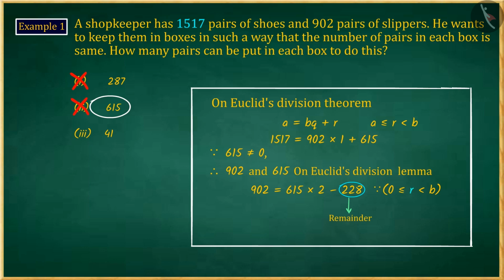It is greater than or equal to 0. And in this procedure, we don't get 0 as the remainder value. This we also ignore. For this reason, you consider 615 as the HCF of 1517 and 902. Hence, your answer becomes wrong.